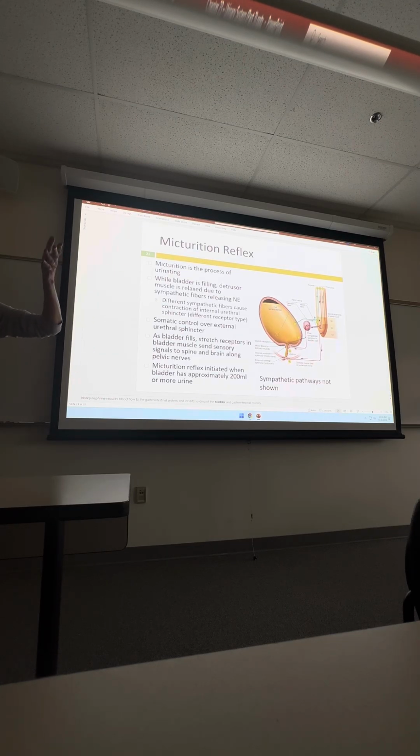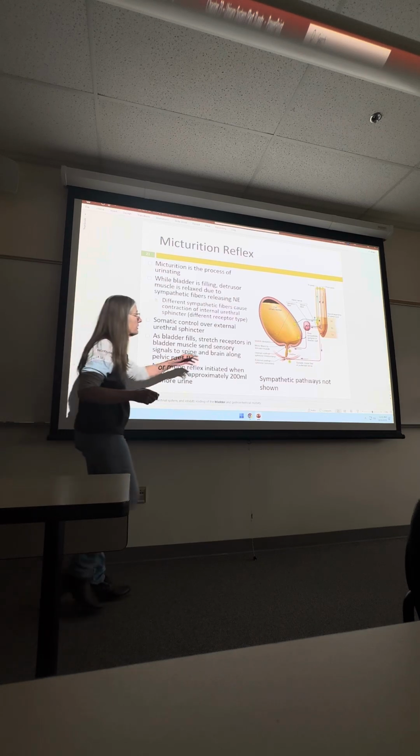This is what happens with babies. They have no idea what that pressure means. They just let go when they need to let go. But you're teaching that 2-year-old what that pressure feels like and what you do about it. Off to the toilet. So that's recognizing the pressure from the parasympathetic fibers.